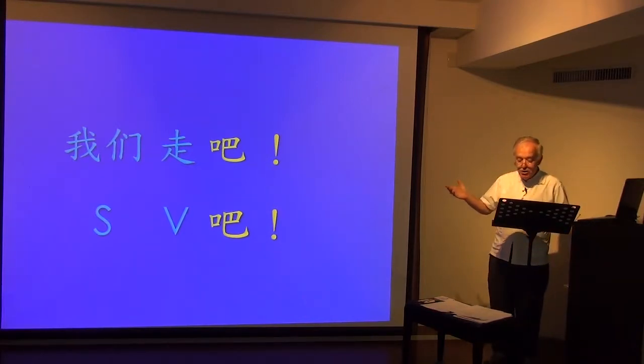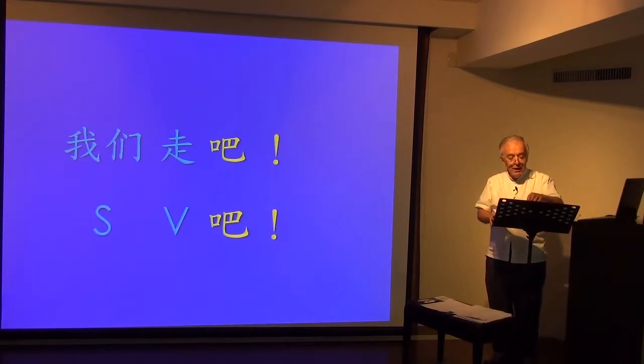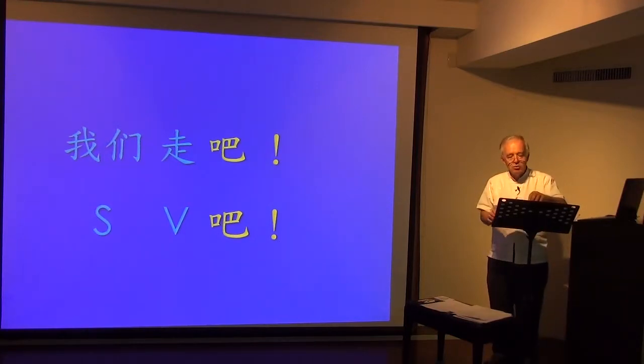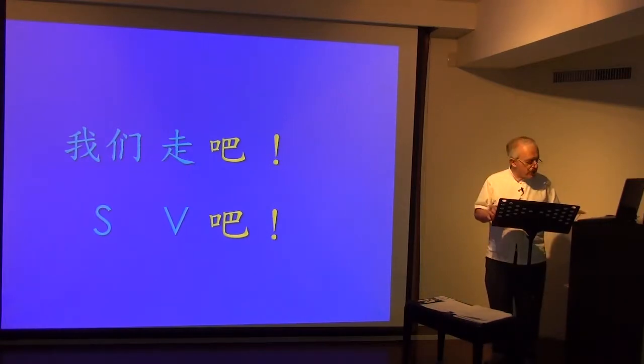In Chinese, we use ba at the end of the sentence. Now, how can we practice this? Well, the teacher makes various suggestions to the student and asks the student to respond. For instance, 我们现在去吃饭吧, or 我们明天休息吧. And then get the student to use ba to make suggestions to the teacher.